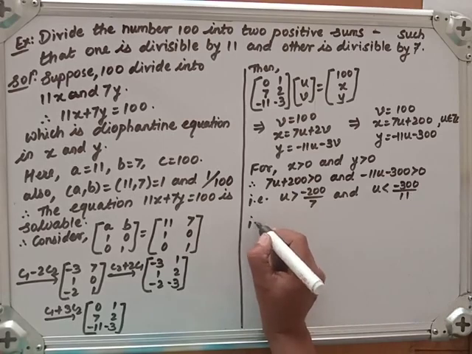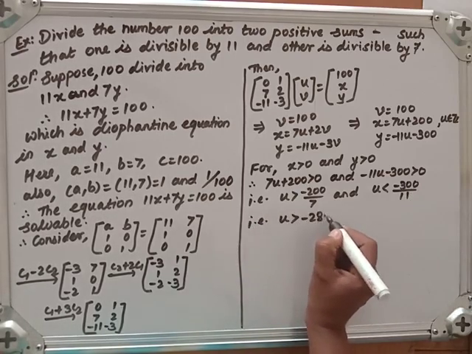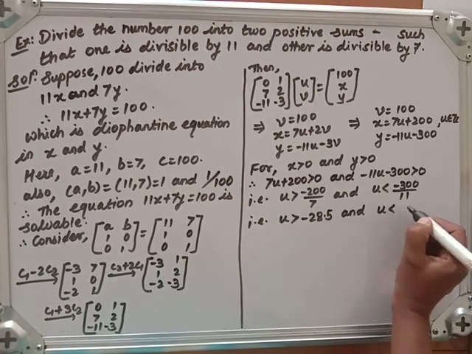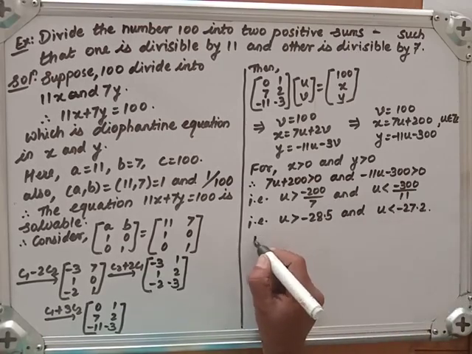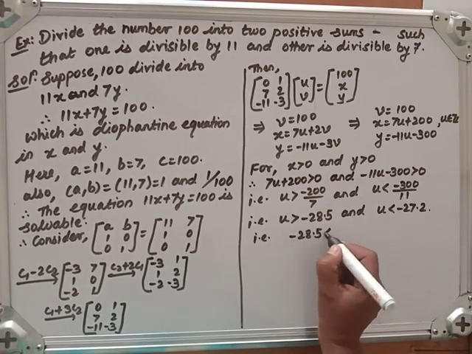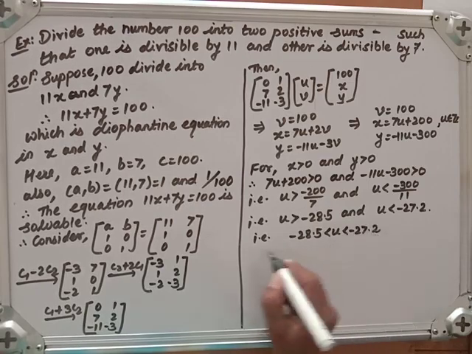That is, u is greater than minus 28.5 and u is less than minus 27.2. That is, minus 28.5 less than u less than minus 27.2.